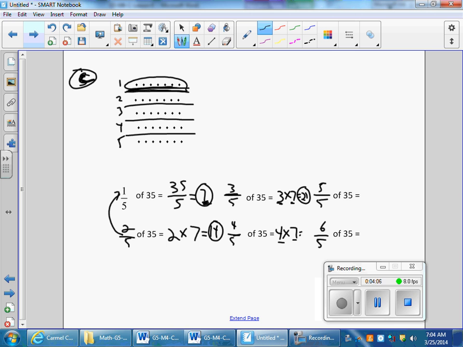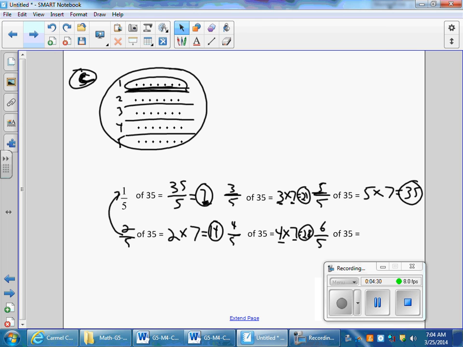So 4 times 7 is 28. 4/5 of 35 is 28. 5/5 of 35 is like the entire set, or 5 times 1/5, which is 35 out of 35.